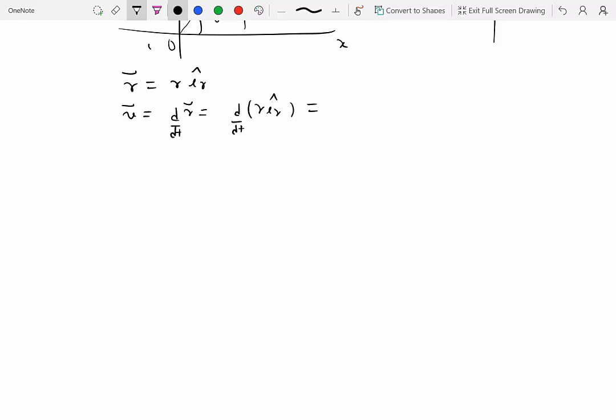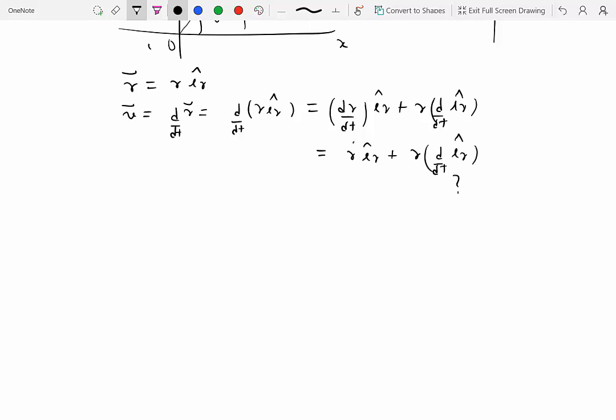This is a product of two functions, so that will be dr over dt times er hat plus r times d over dt of er hat. So this is r dot er hat, and this is r d over dt of er hat.